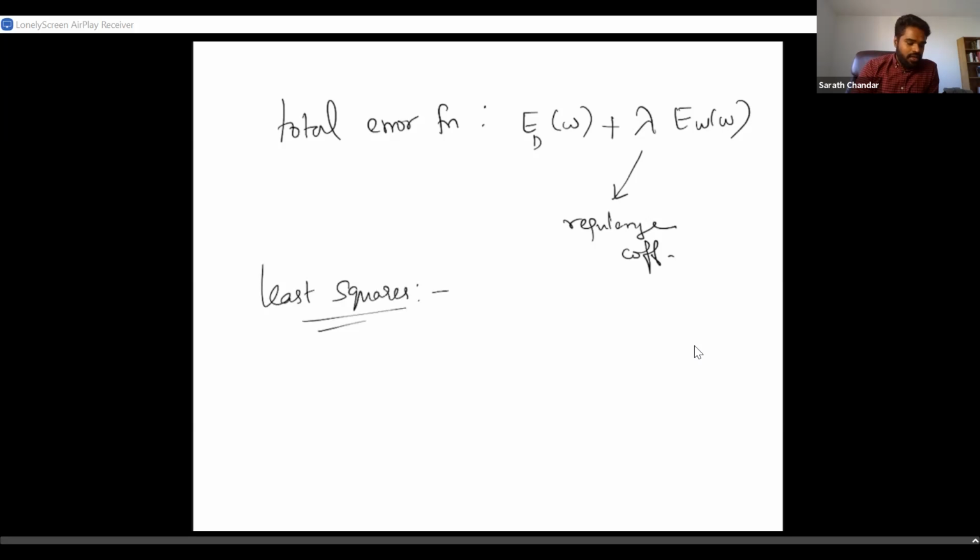In this case, the actual error function was given by (y minus Xw) transpose (y minus Xw), right?